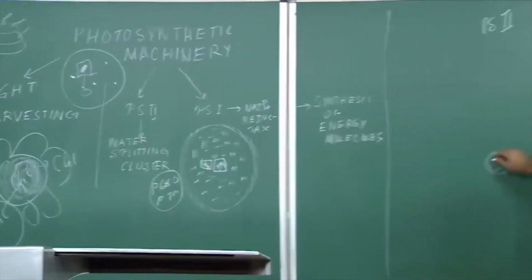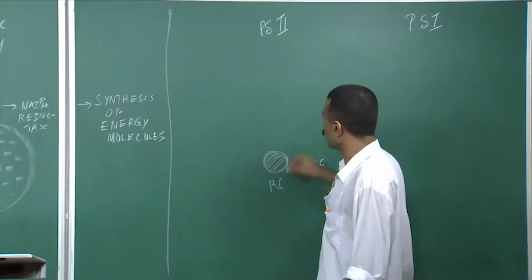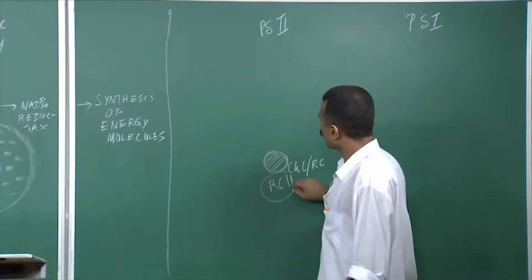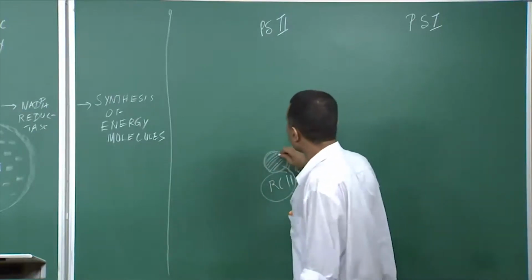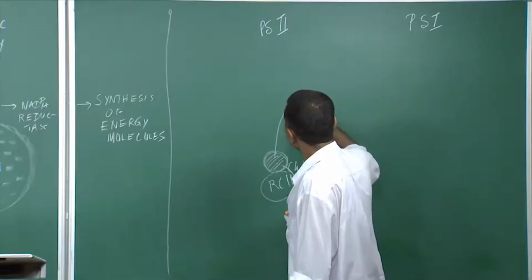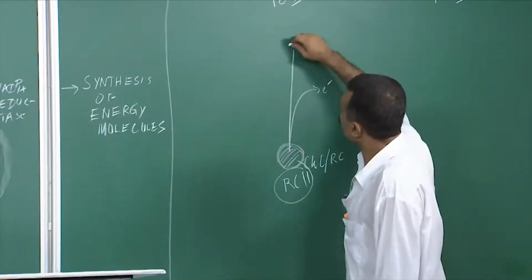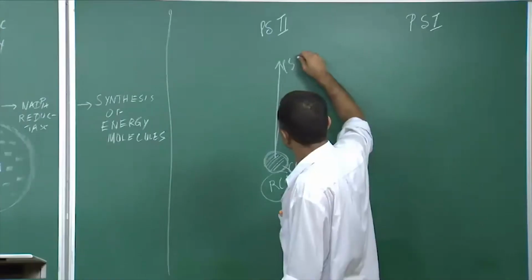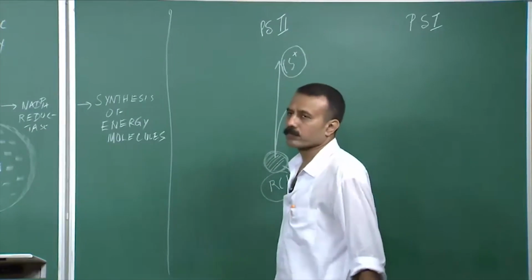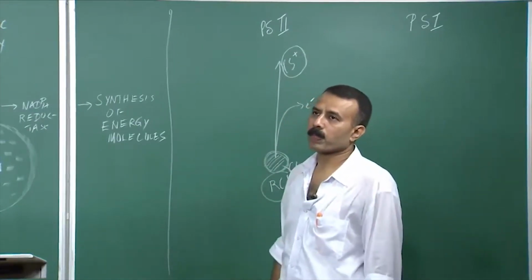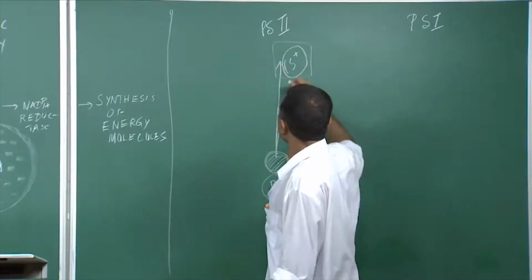So, now if this is a reaction center, say for example, I call this reaction center 1 or 2, whatsoever you want to call that. What is the exact chemical event taking place here? This chlorophyll molecule gives out an electron and becomes positive. Okay.